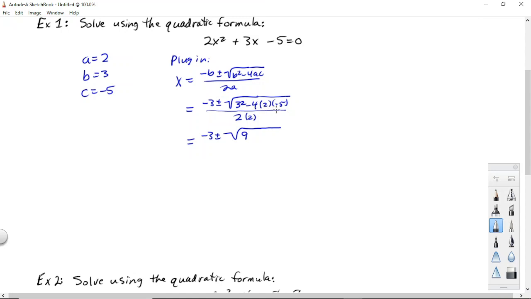And again, that's negative 8 times negative 5, so it's going to be positive 40. And in the bottom, we just have 4. Okay, so we're almost there. Square root of 49 over 4. And the square root of 49 is 7.